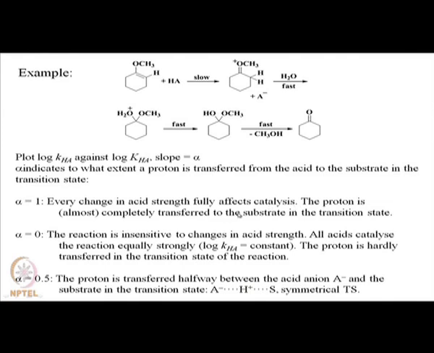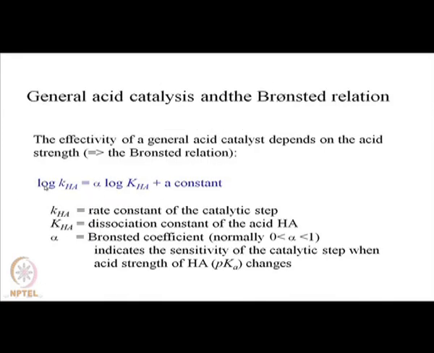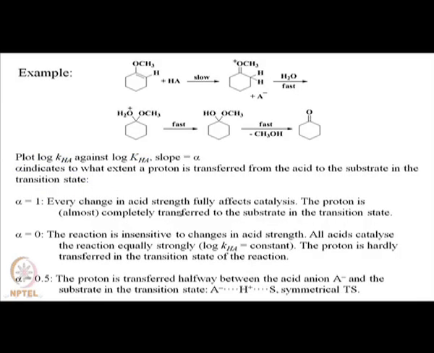That means if alpha is 1, log KHA is a rate and this is the equilibrium constant, so there is just a one to one correspondence. Every change in acid strength fully affects catalysis. The proton is almost completely transferred to the substrate in the transition state.